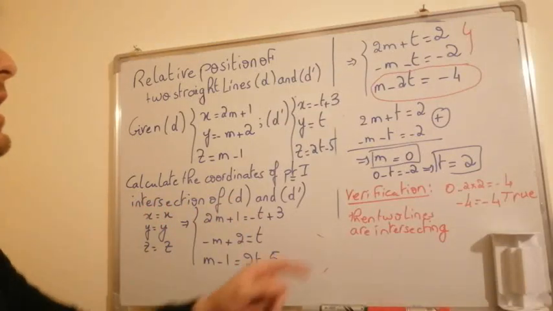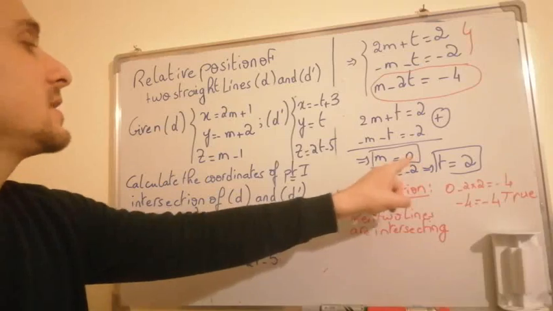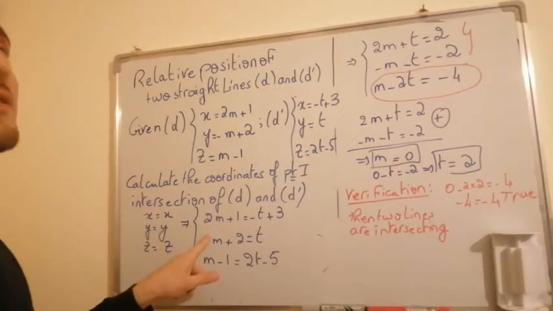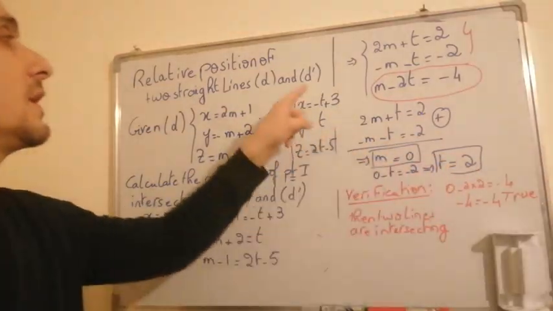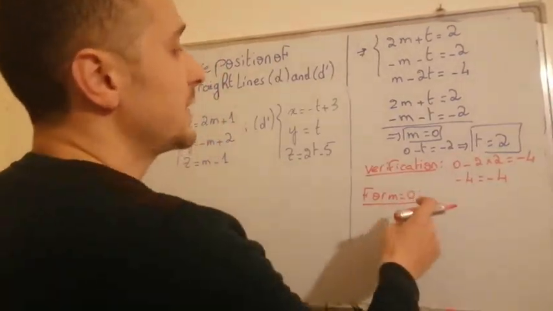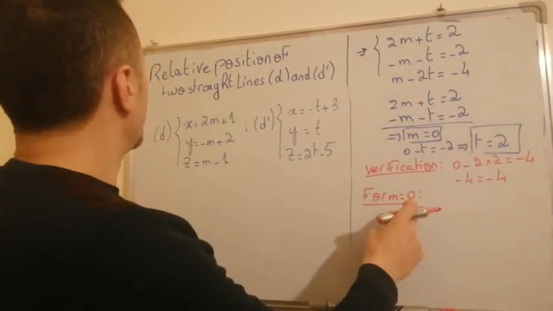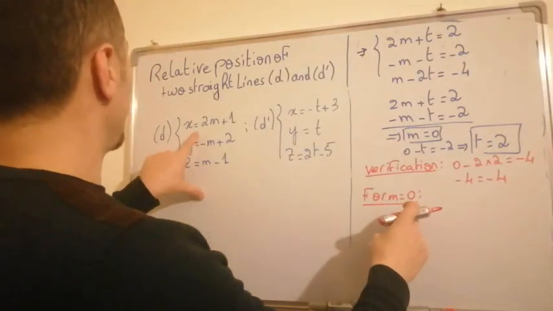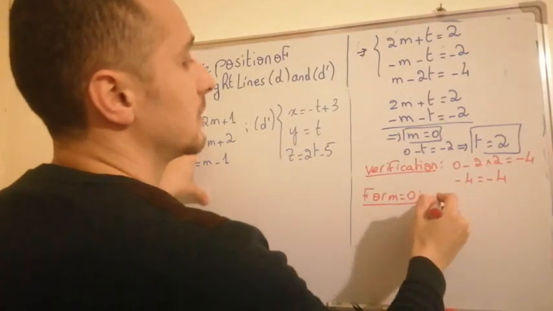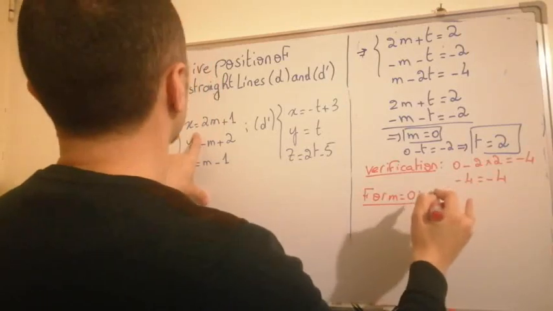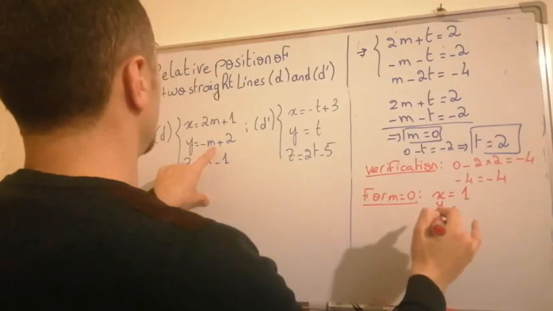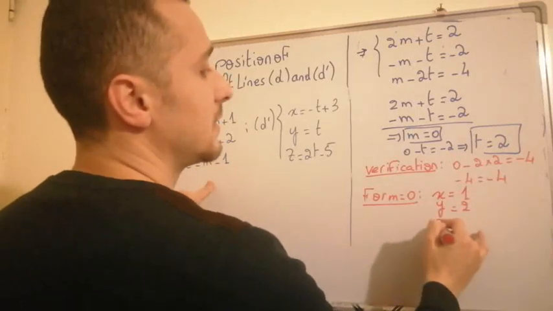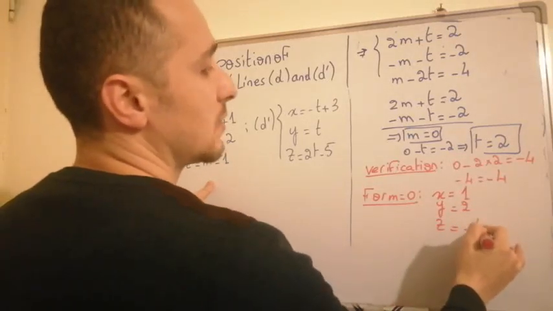By replacing m by 0 in the first line, or we replace t by 2 in the second line. So for m equals 0, we replace m by 0 in the first line. We obtain x equals 1, y equals 2, and z equals minus 1.